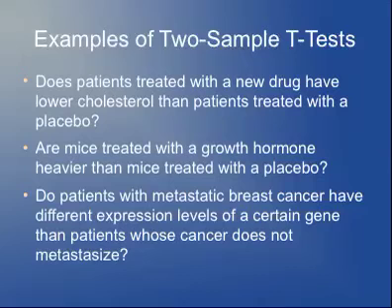Or say you have samples of metastatic and non-metastatic breast cancer, and you want to identify genes that may be associated with metastasis. You want to test the null hypothesis of no difference in gene expression levels between the 2 samples.